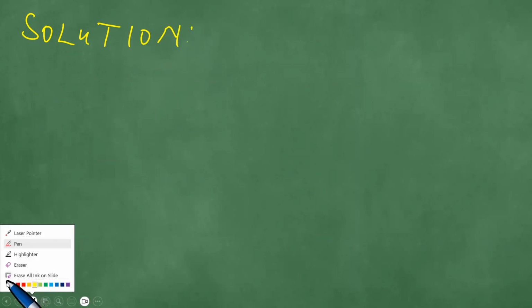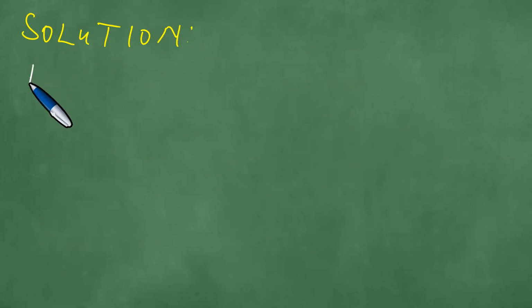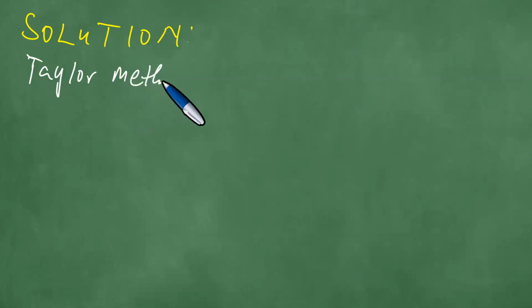So what does Taylor state? I want to state the formula from a previous discussion because it's what we're going to use here. Taylor method of order n.